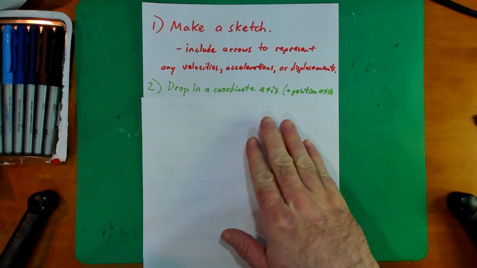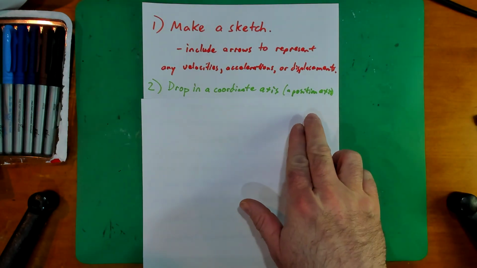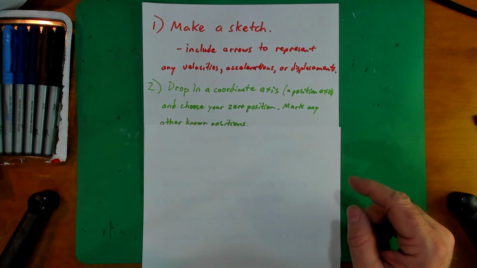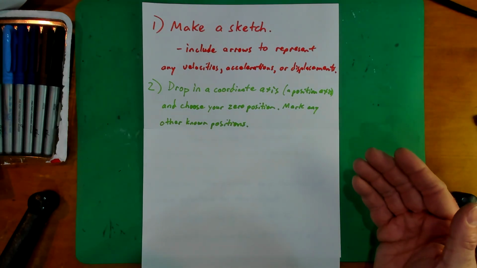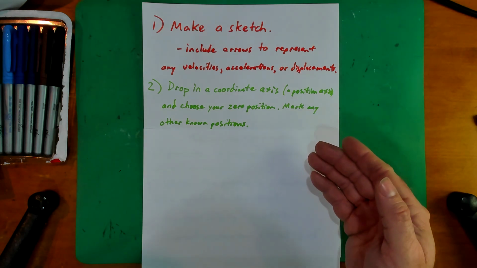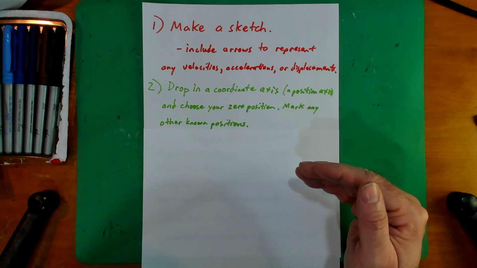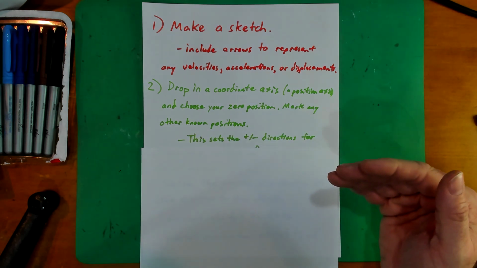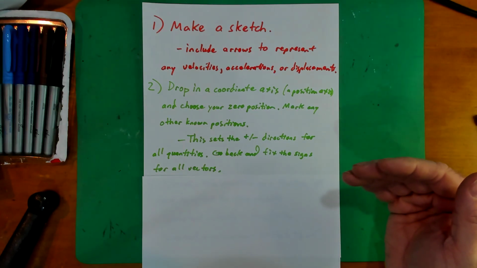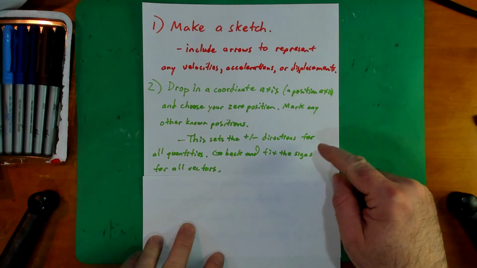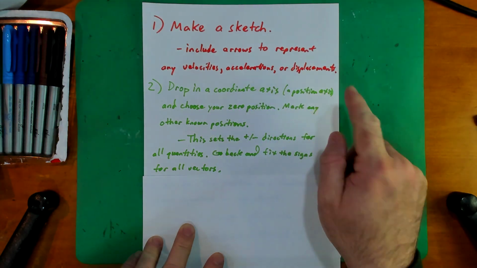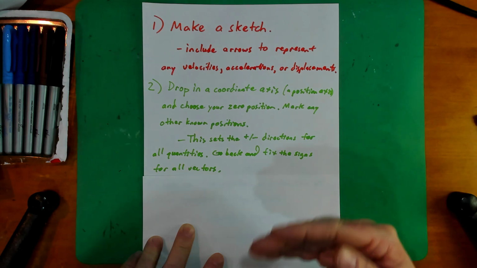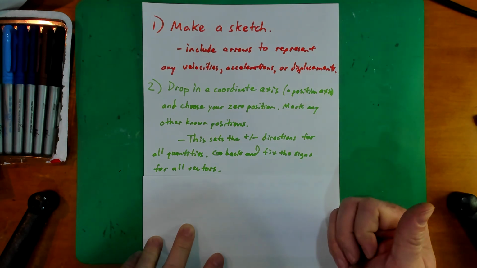Once I've drawn my sketch, I'm going to drop in a coordinate axis, a position axis, and then I'm going to choose where the zero position is on that axis, and then mark any other known positions. Once I've done that, the coordinate axis is what sets the directions. So I'll have to go back and double check and fix the signs on any of those velocities, accelerations, and displacements, now that I've decided which way is positive and which way is negative.